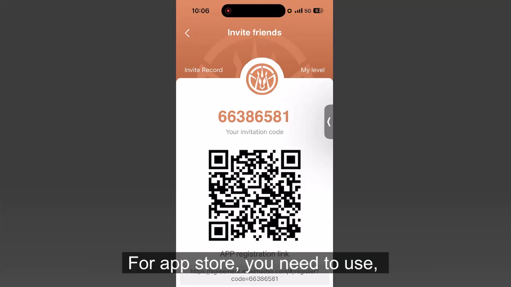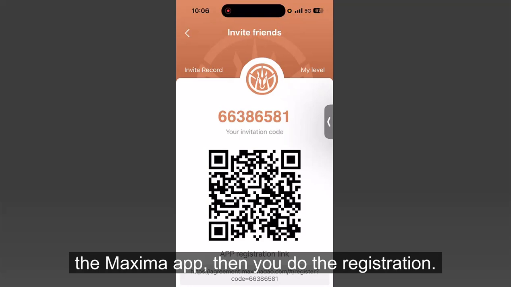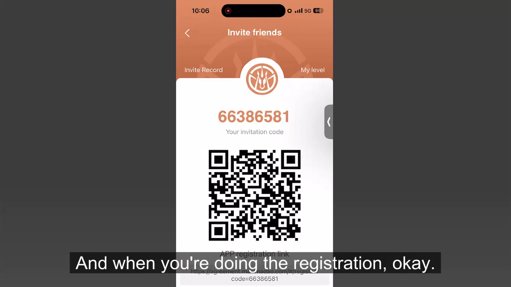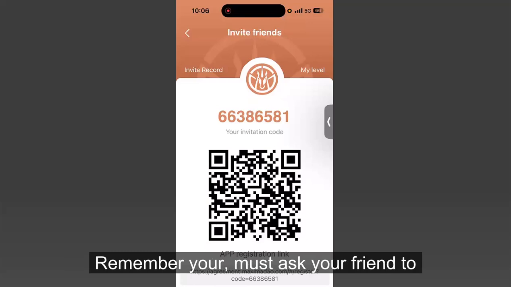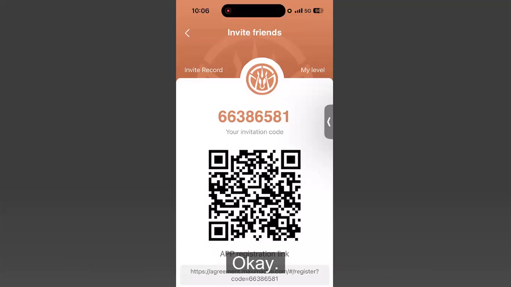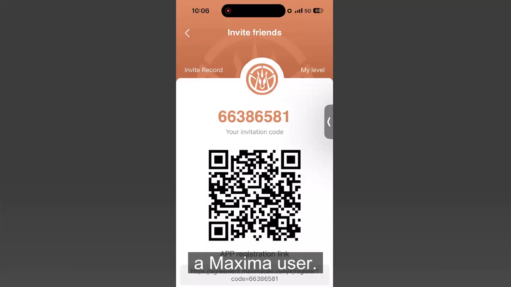For the App Store, you need to use TestFlight to do the download before you do the registration of the Maxima app. And when you're doing the registration, remember you must ask your friend to submit your referral code. If not, they cannot be registered as a Maxima user.